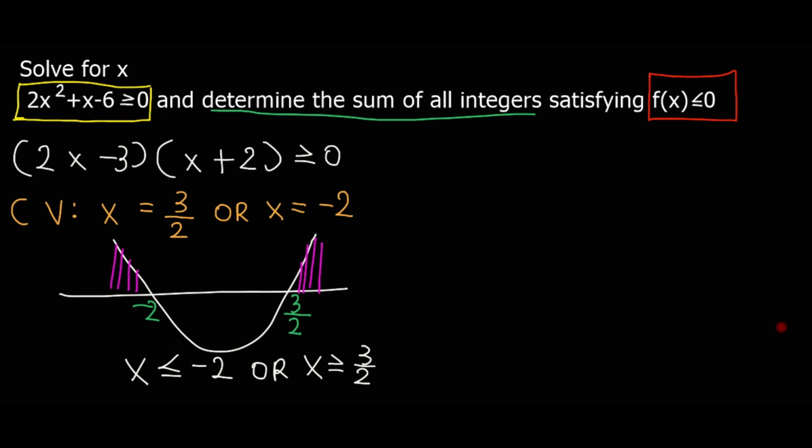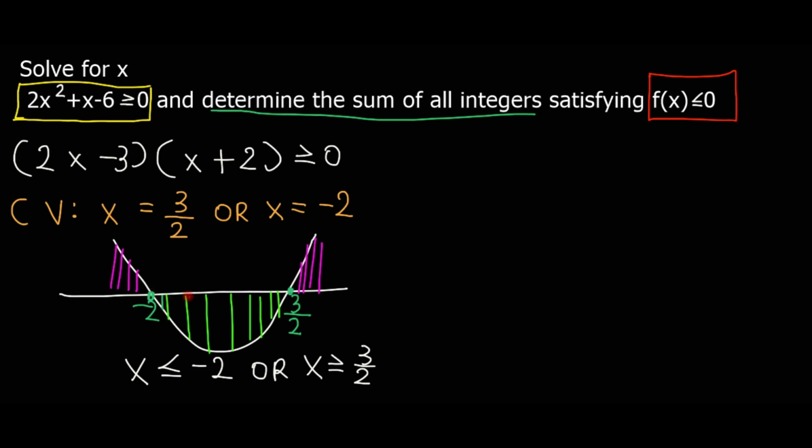So now let's look at our last part. Determine the sum of all integers satisfying f(x) is less or equal to 0. We know that if f(x) is less or equal to 0, it means below the x-axis. And now we want the integers that are on this part.